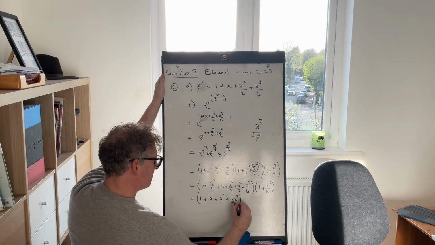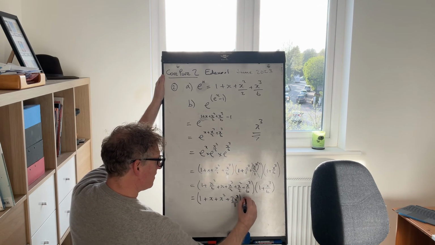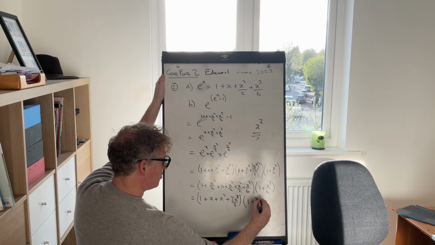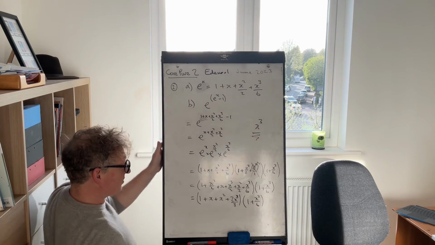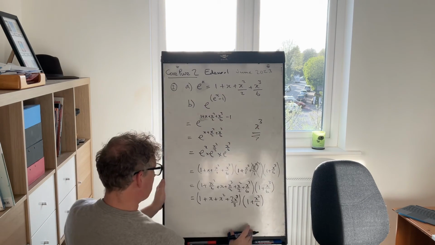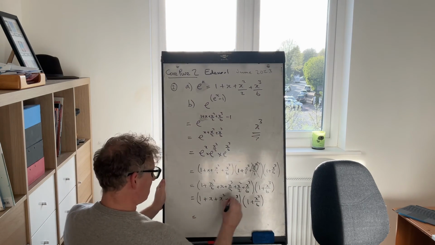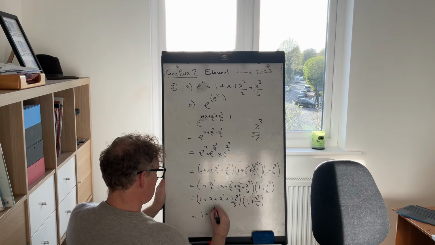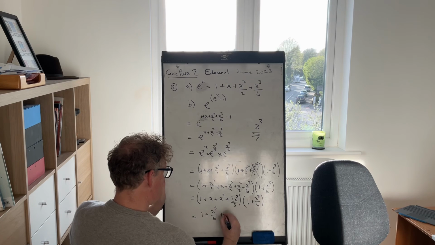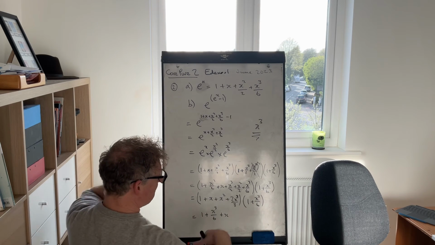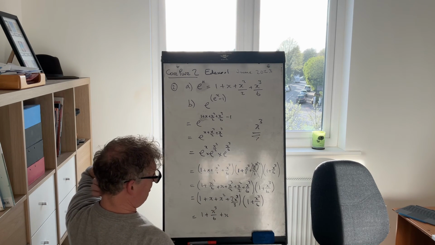And apparently we've got to multiply that by 1 plus x cubed over 6. So, again, only up to x cubed. So, 1 times each of these, 1 plus x cubed over 6. X times each of these, x times 1, x. X times x cubed over 6, don't forget that, but we don't need to go any further there.